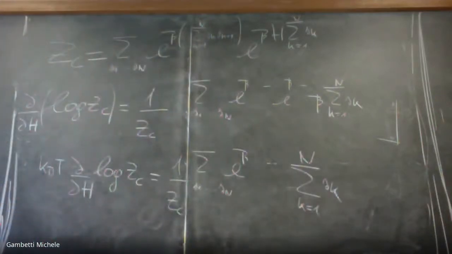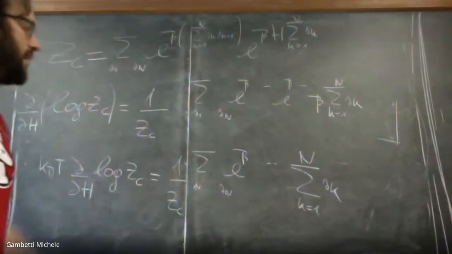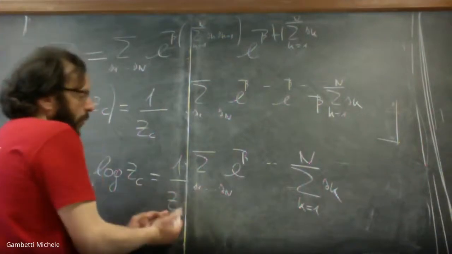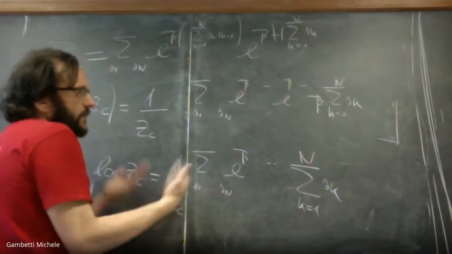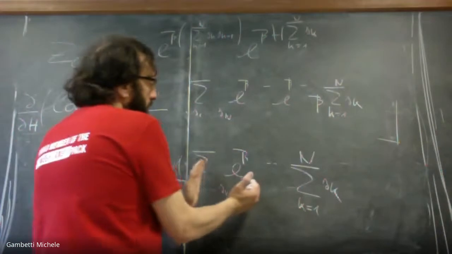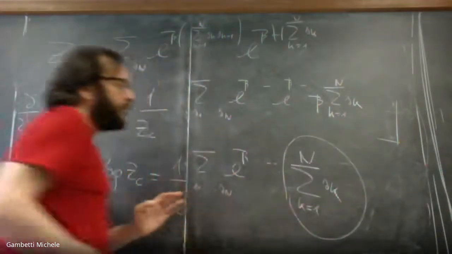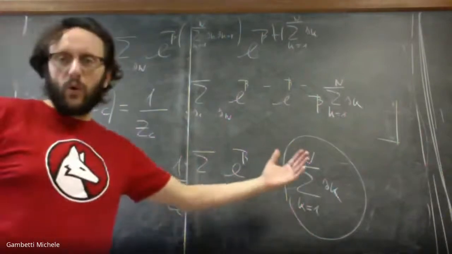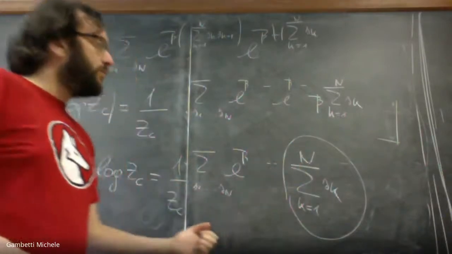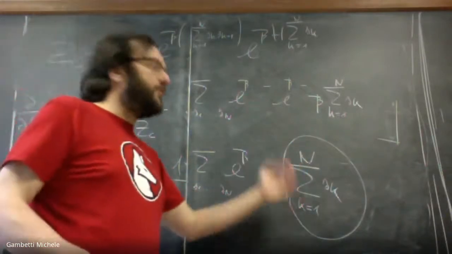Okay? So the structure is always the same. So here you have 1 divided by Z_C, which is the normalization. Here you have the operator that you want to compute, the quantity for which you want to compute the ensemble average.